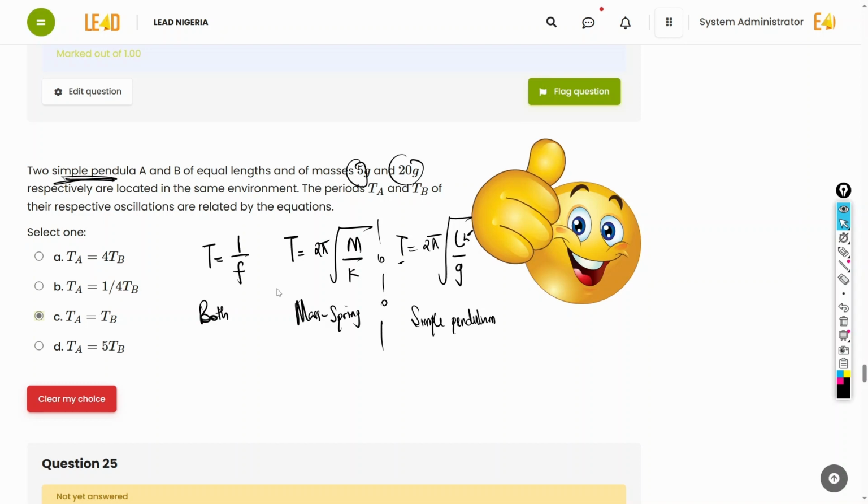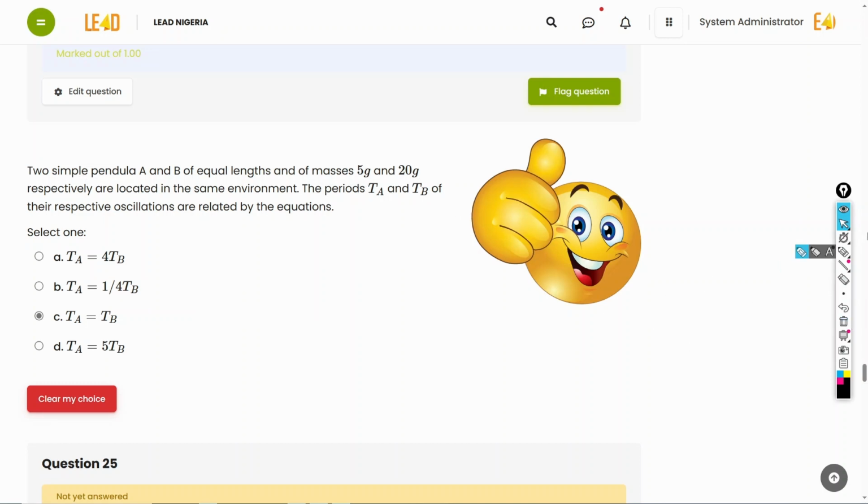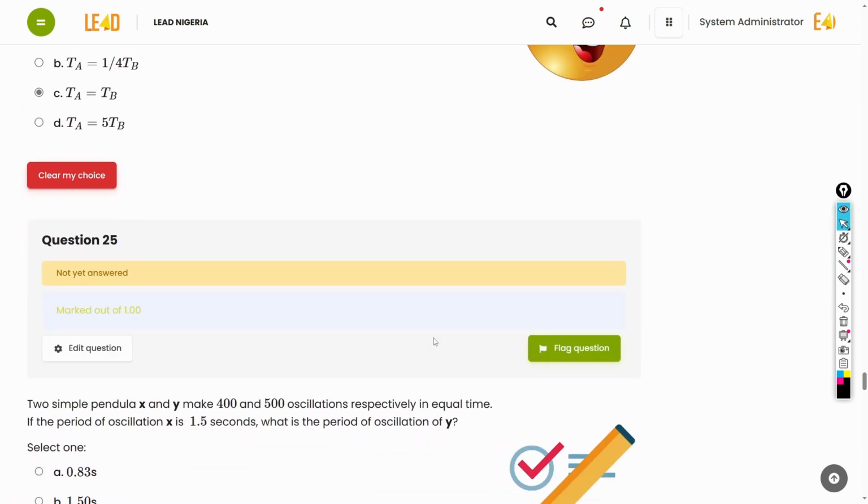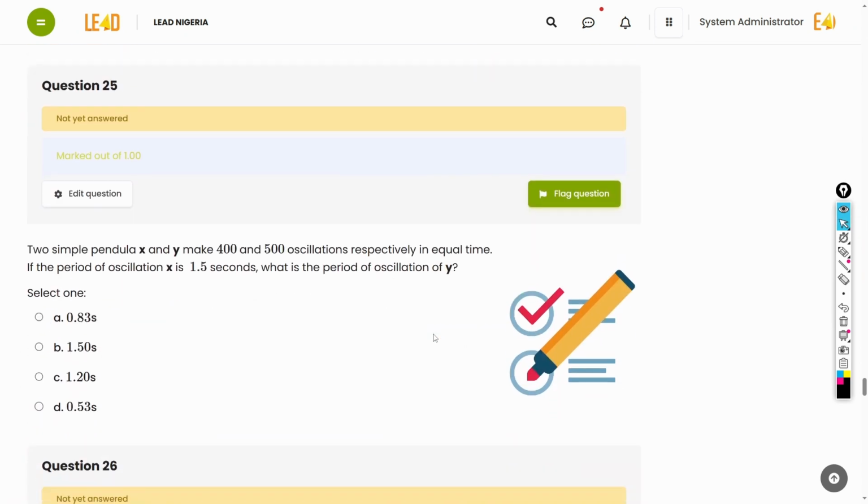So if you change the mass for a mass spring system, then the period would change. But for a simple pendulum, unless you change the length or the acceleration due to gravity, you don't see that change. So it's constant for that particular scenario.